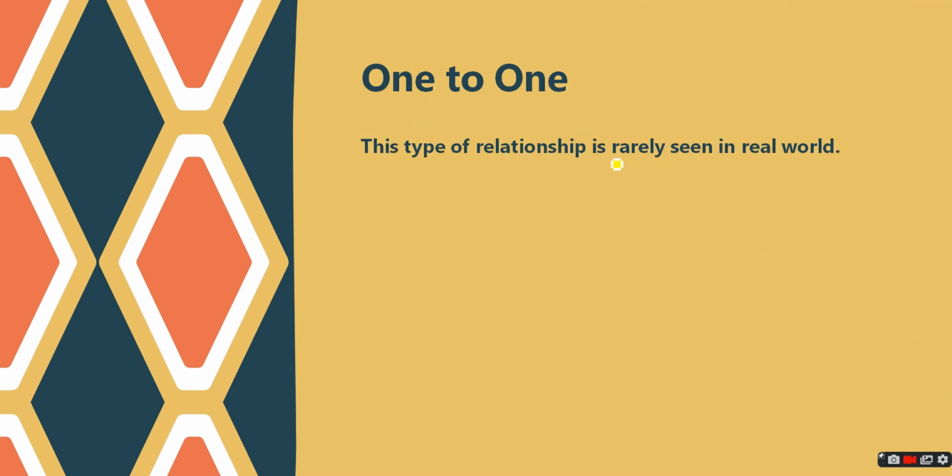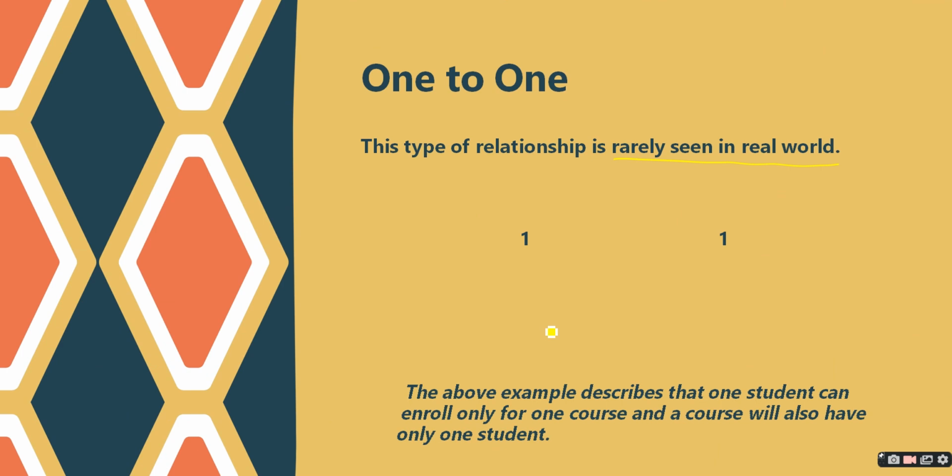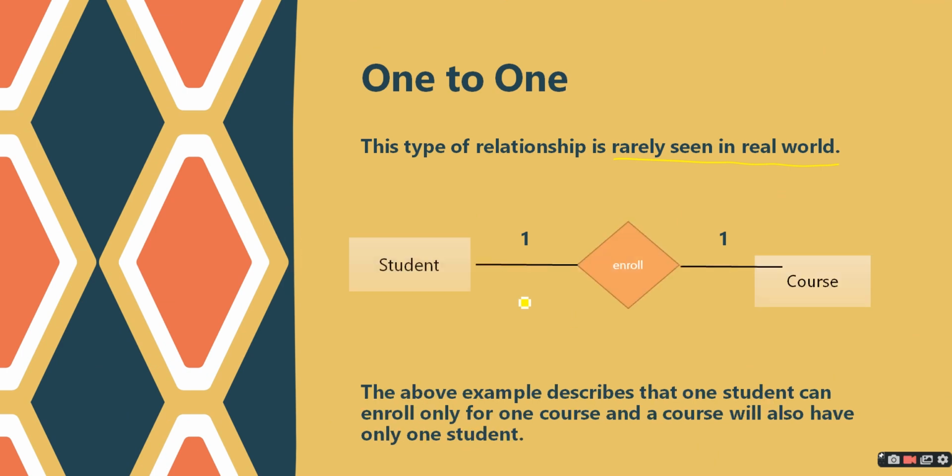This type of relationship is rarely seen in the real world. Why? Let's take an example: student enrolls in course. Let's say I want to learn. I can learn so many courses, right? I can learn C++, SQL, even HTML, CSS, or many more courses.